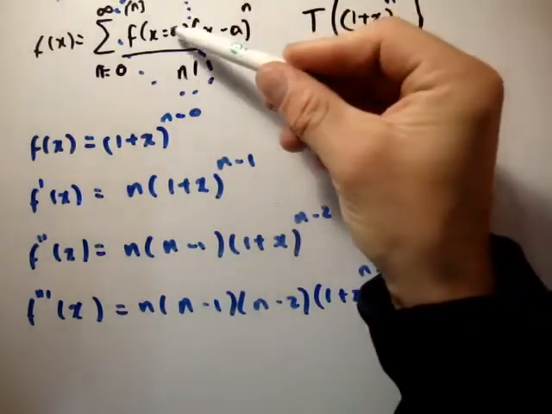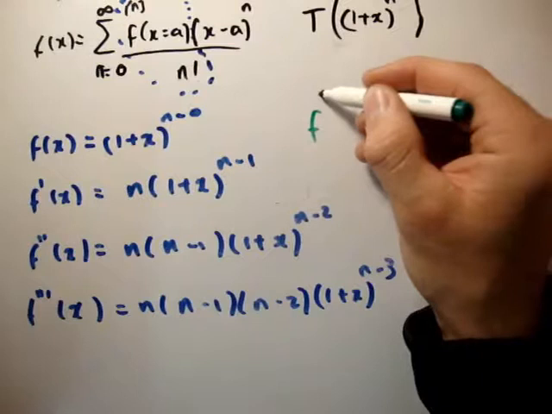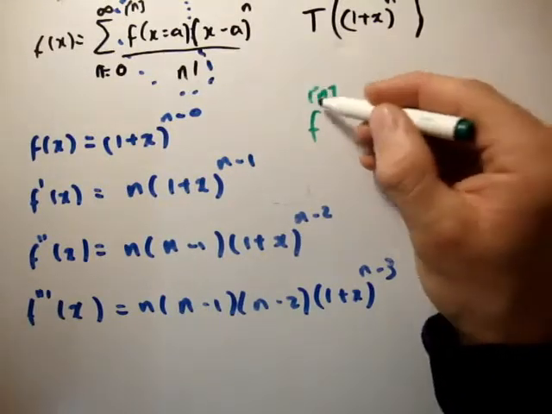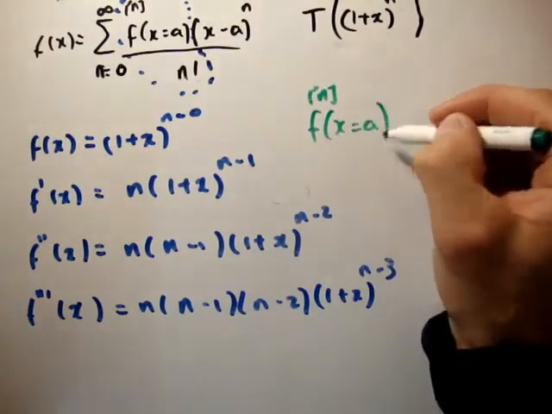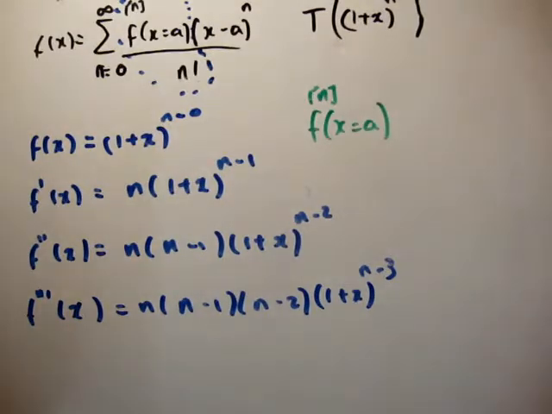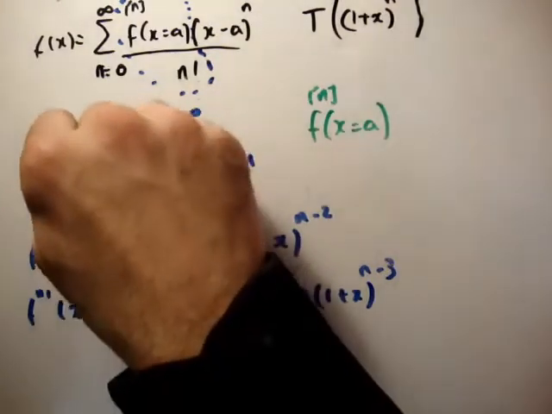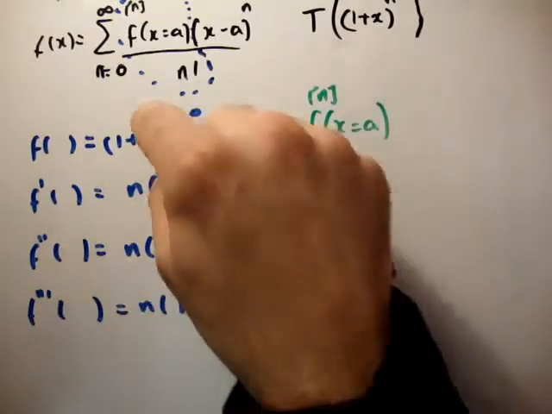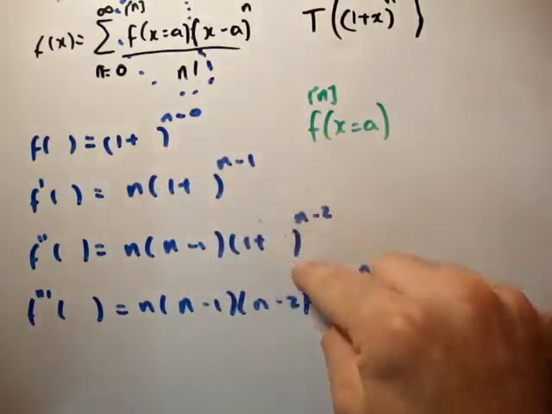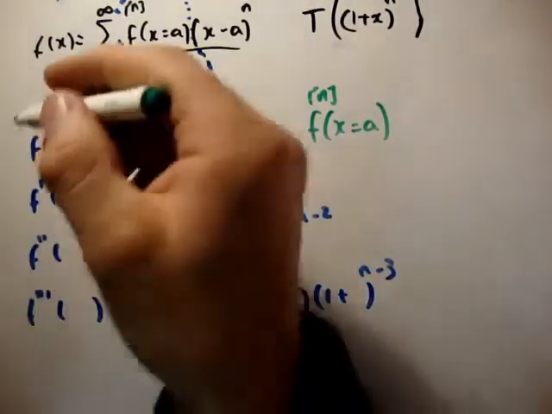But look, in order to get them, we need to evaluate our n derivatives at x = a. So now, before we go any further, we need to get rid of x, because that can be any place, and actually pick a spot where we're going to evaluate it. And we're going to evaluate it at a.